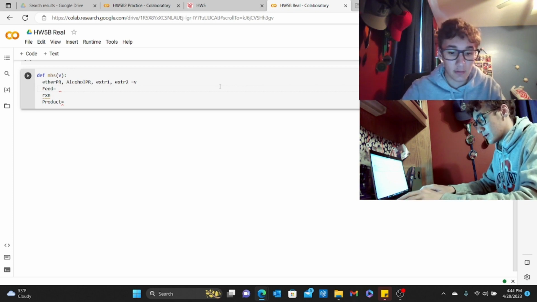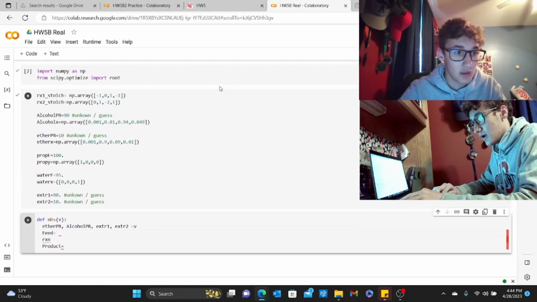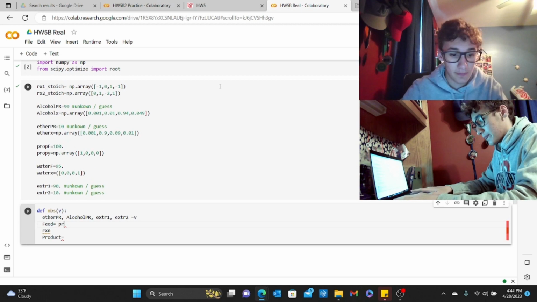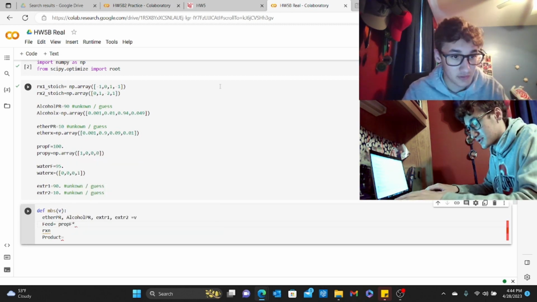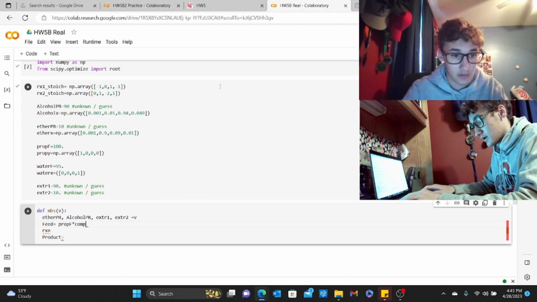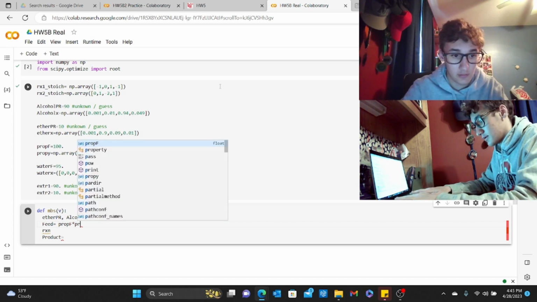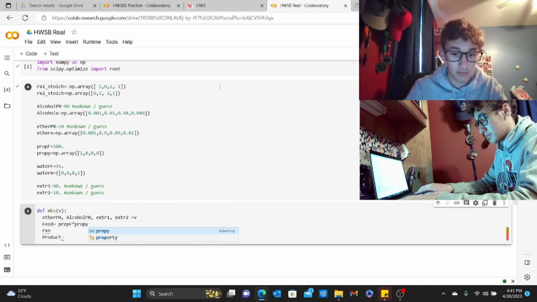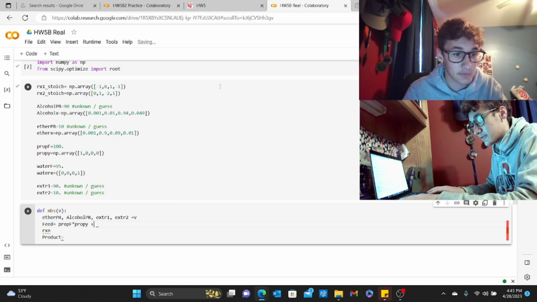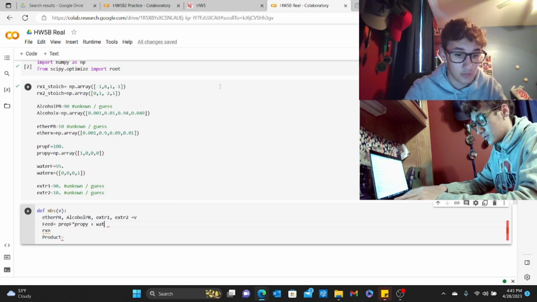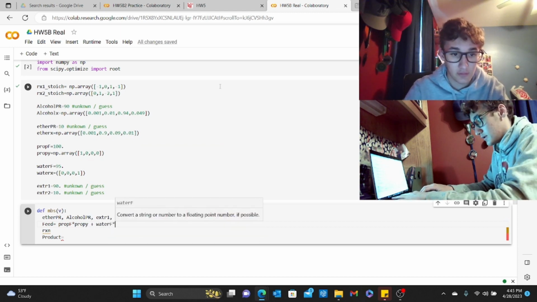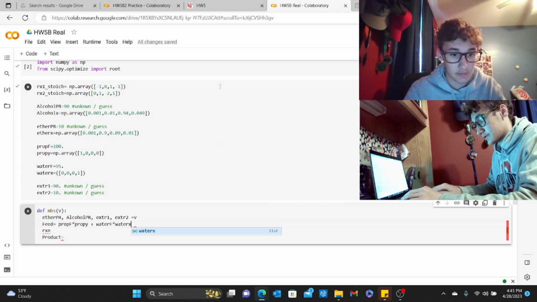We are adding our, what do we call this? Our prop F, and then we want to multiply that by the composition, times comp, times prop Y. Plus, now we're going to do the exact same thing with the water. So water F times water X.